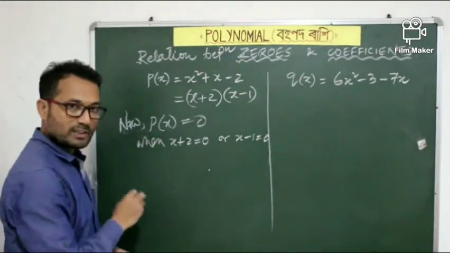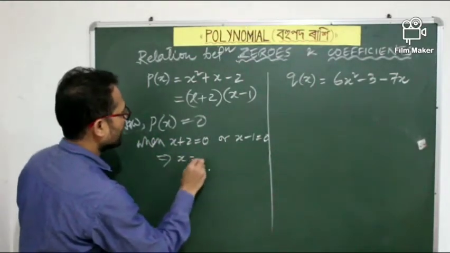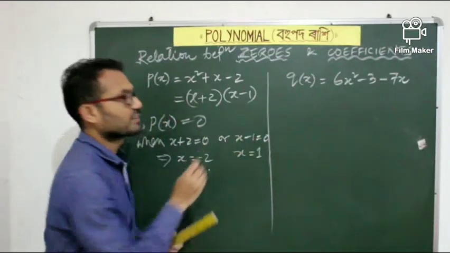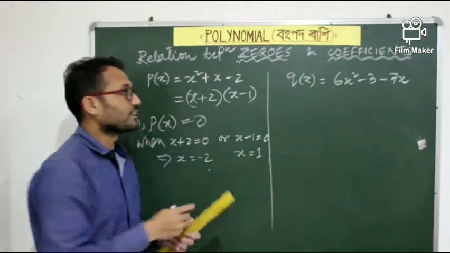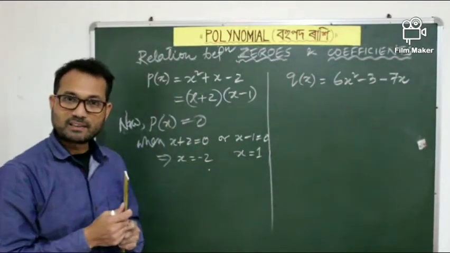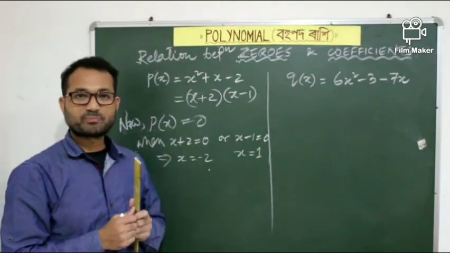So if x plus 2 equals 0, we have x equals minus 2, and in this case we will have x equals 1. So these are the two zeros of this particular quadratic polynomial, minus 2 and 1.